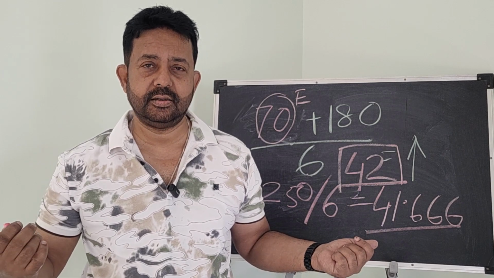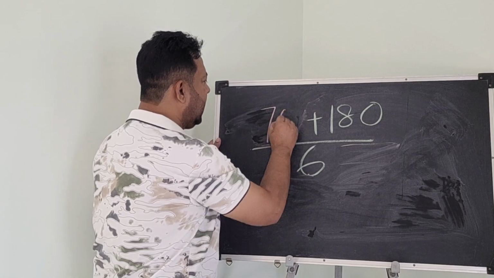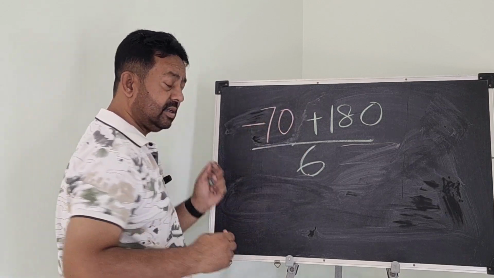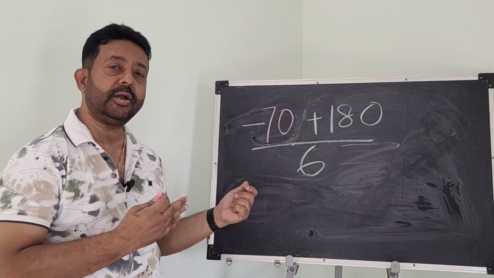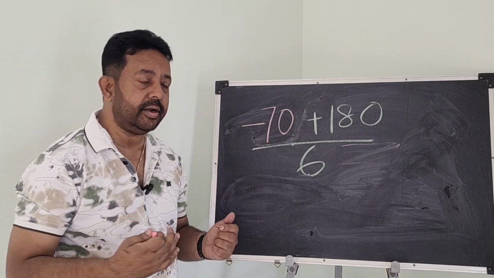Now what happens if my longitude is 70 degree west? How do I do that? So for 70 degree west, I have to write minus 70. Remember what I told you previously? We are now west of the prime meridian.